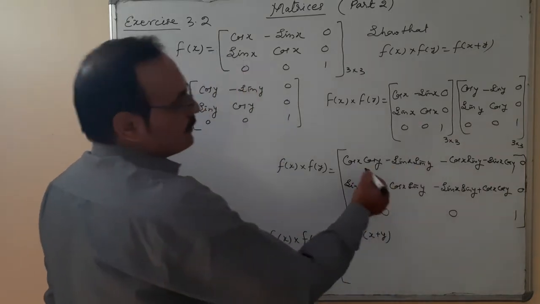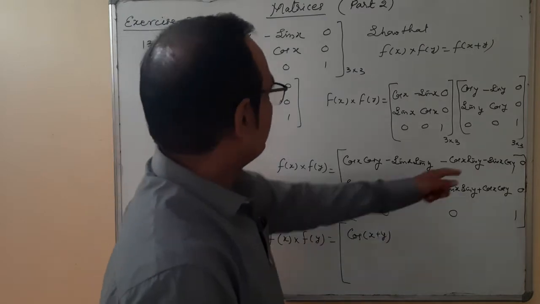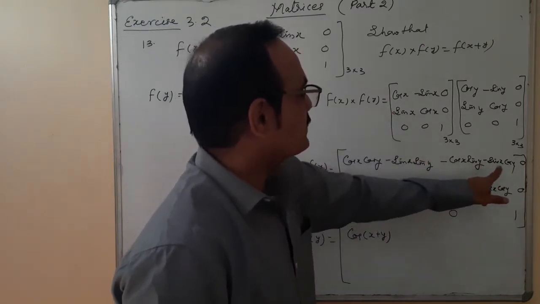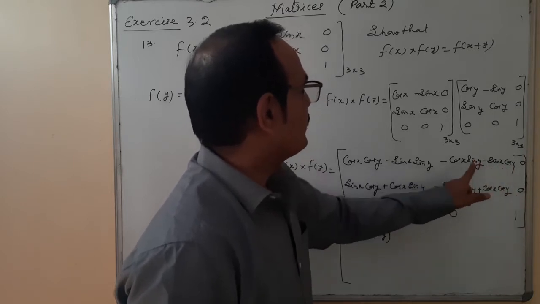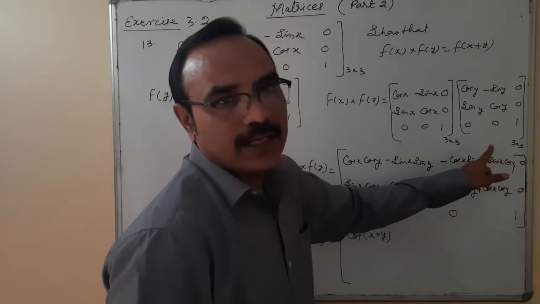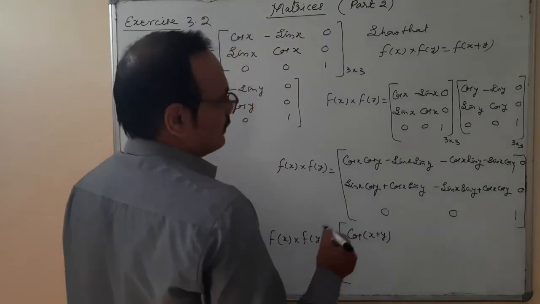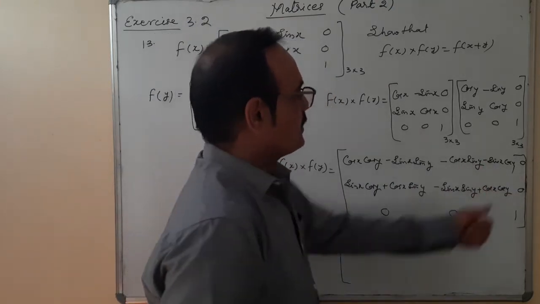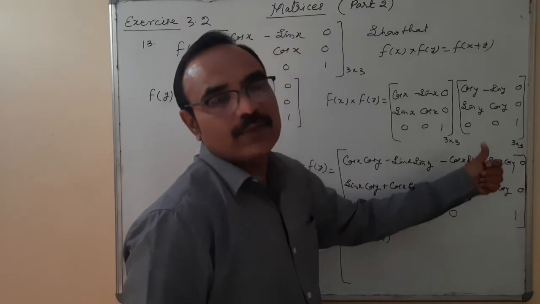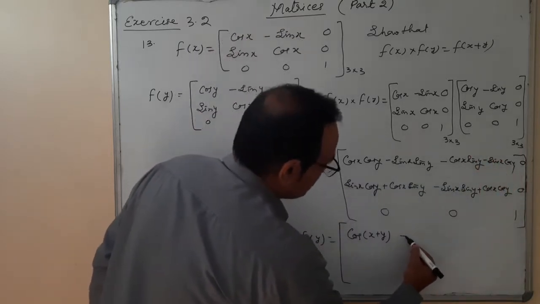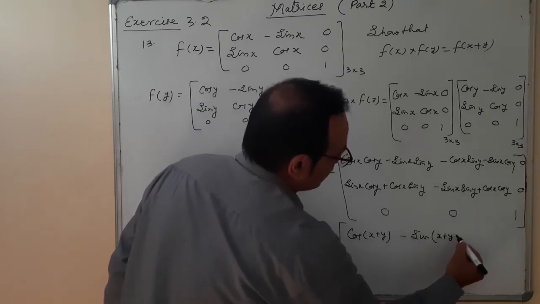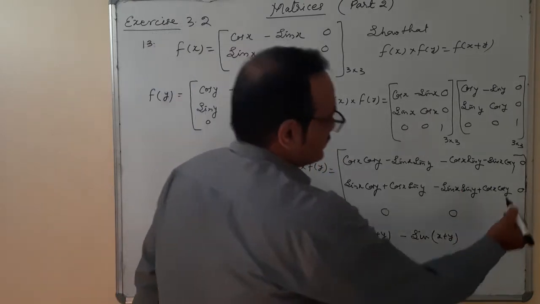Second element: if I take the minus sign common, inside it becomes sin a cos b plus cos a sin b, which is sin of a plus b. The minus sign is out, so it is minus sin of x plus y. And the third is 0.